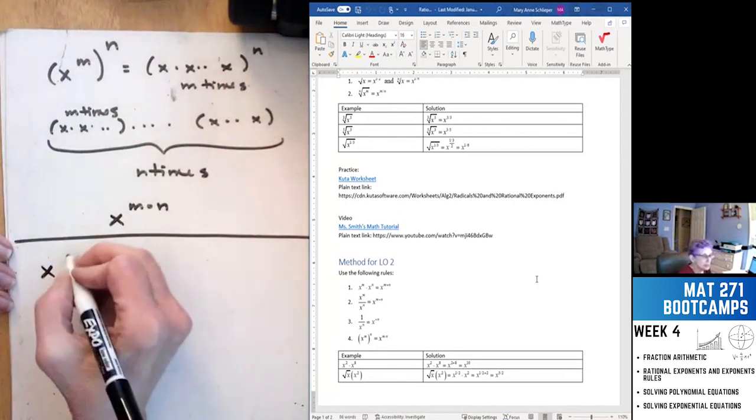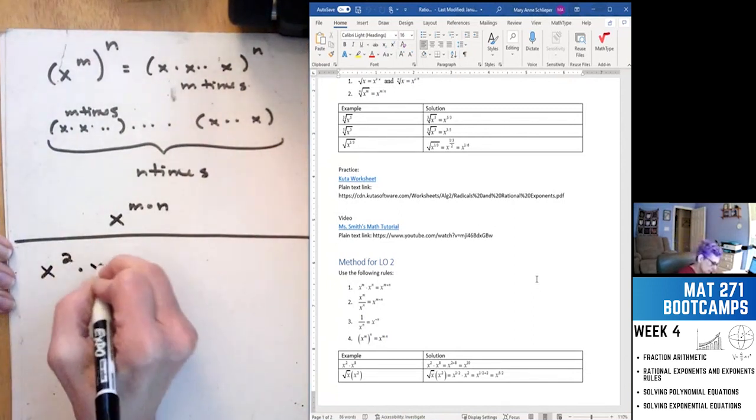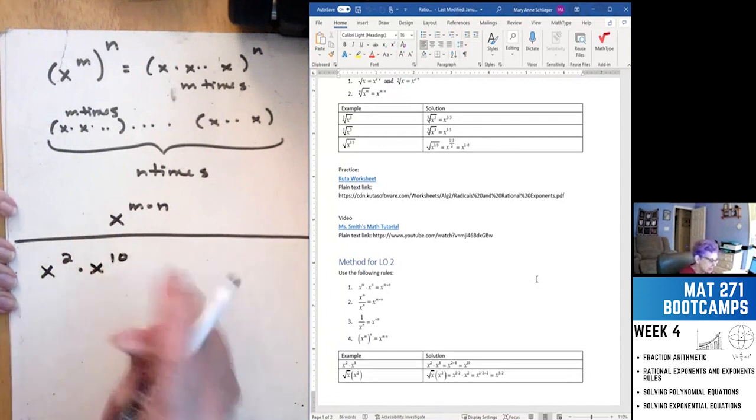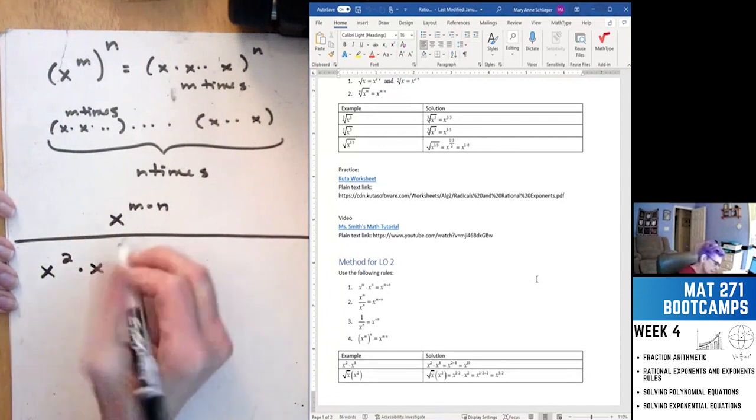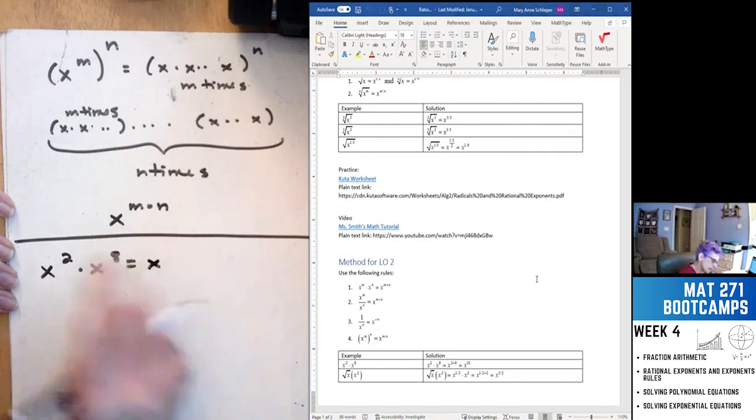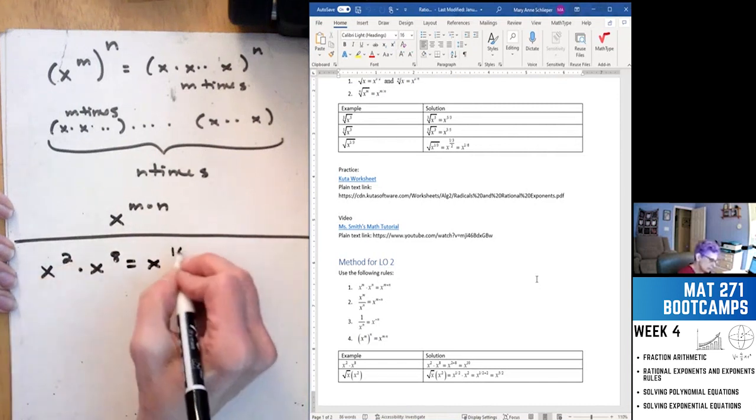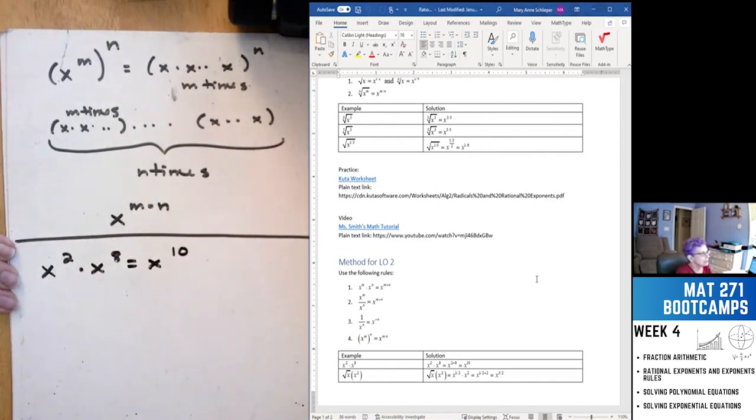So start with something easy. X squared times x to the 8th is x to the 2 plus 8, x to the 10th power.